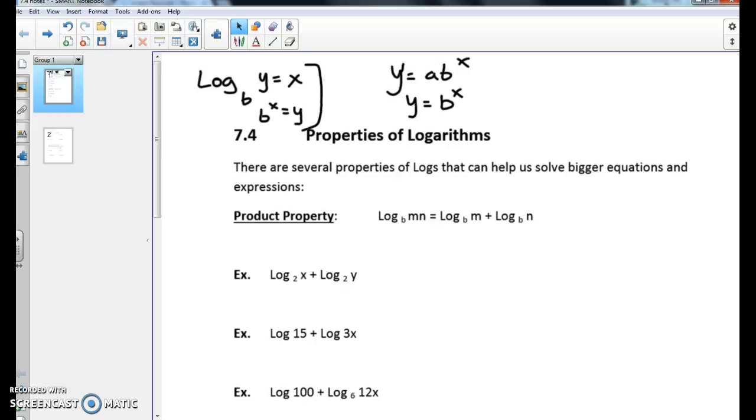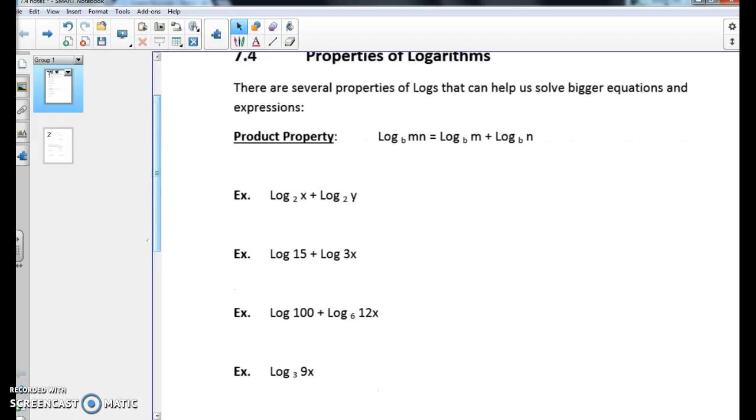Okay, so this is just a reminder of how those two things go hand in hand, how you have log form and exponent form there. Good. Now, like the notes say, there are several properties of logs that can help us solve some bigger equations and expressions. The first one here is the product property. It's called product because it deals with multiplication. Just like everything else in math, when you hear product, you're thinking multiply.